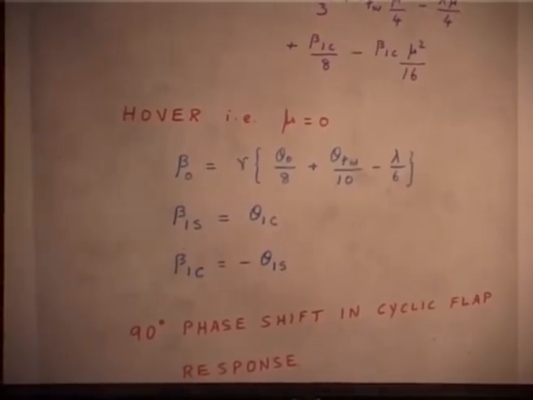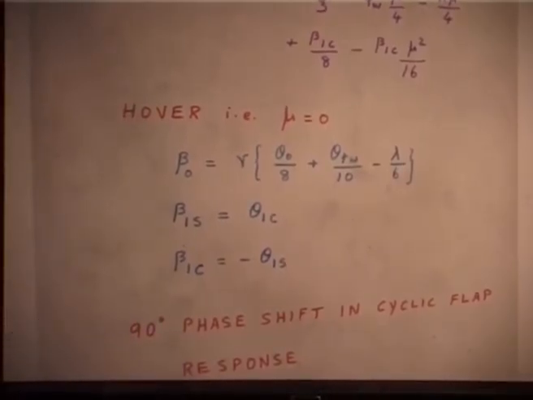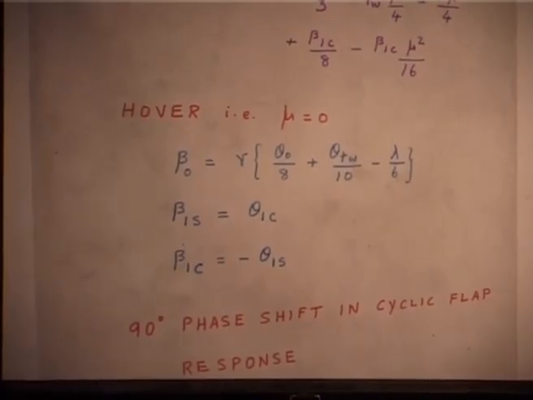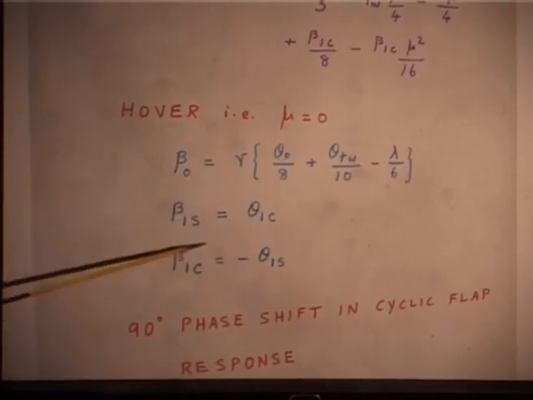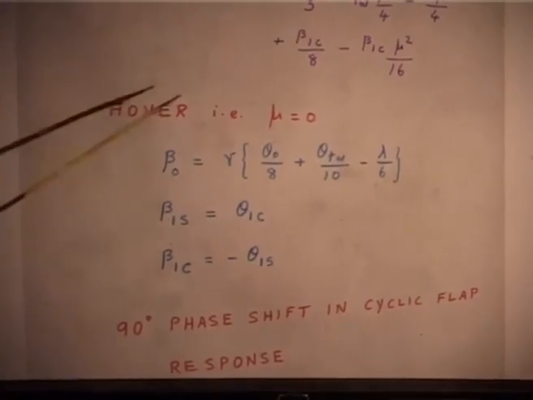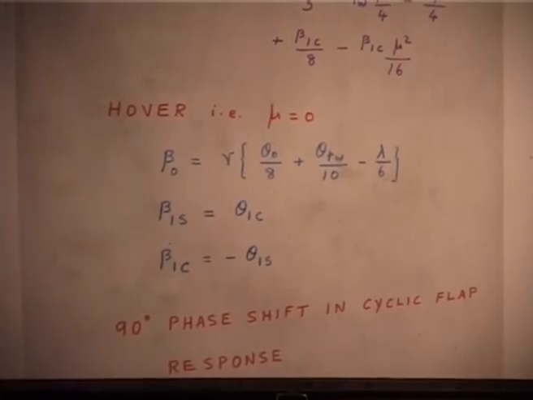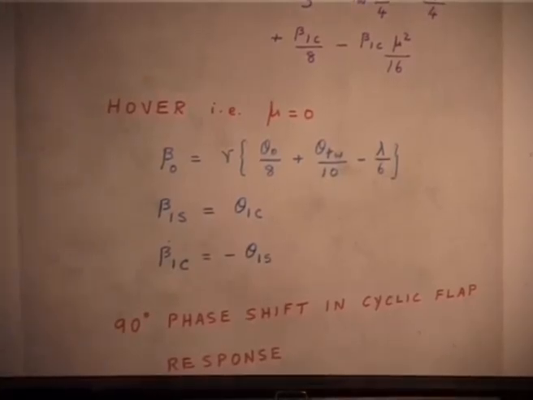Now, if I change my model, please understand 90 will not be there, 90 will shift, and in forward flight, this is in hover condition only, please understand. Now, in forward flight will it be 90? No, it will not be 90, it will be different.